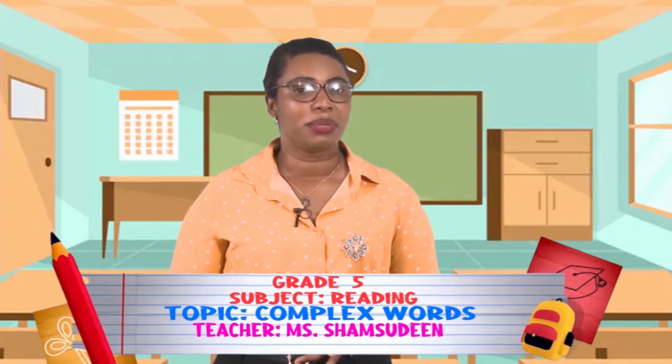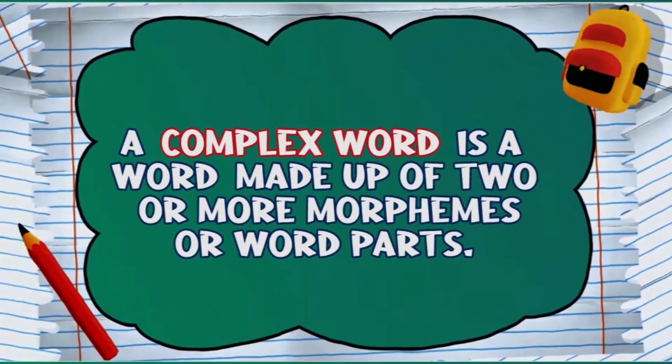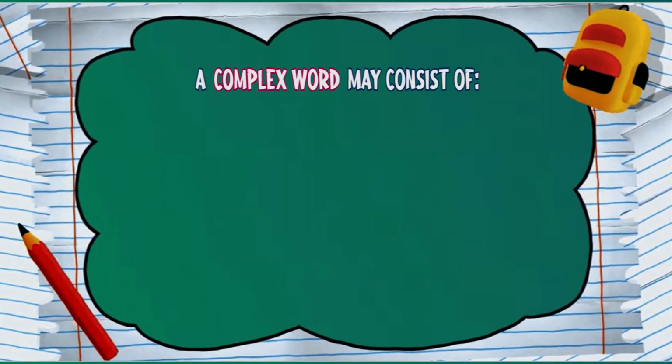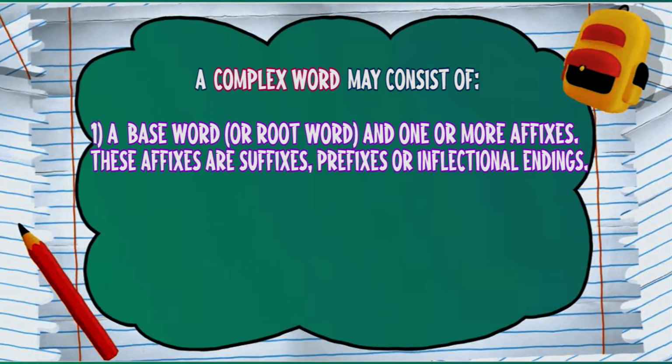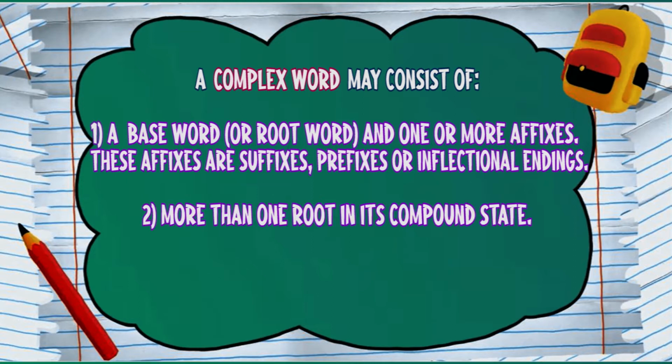In English grammar and word study, a complex word is a word made up of two or more morphemes or word parts. A complex word may contain a base word or root word, one or more affixes, and these affixes are suffixes, prefixes, or inflectional endings, or more than one root in its compound state.